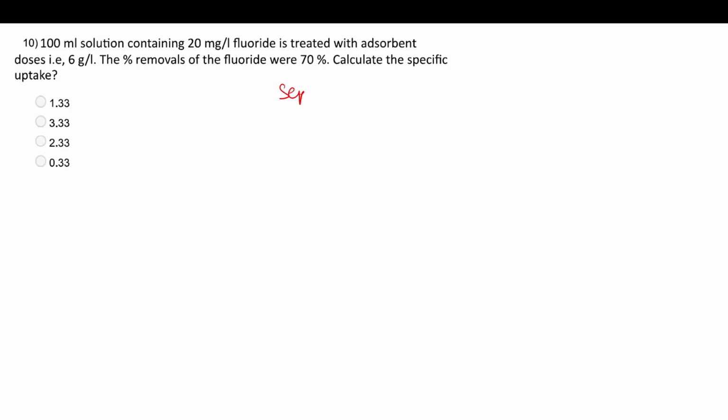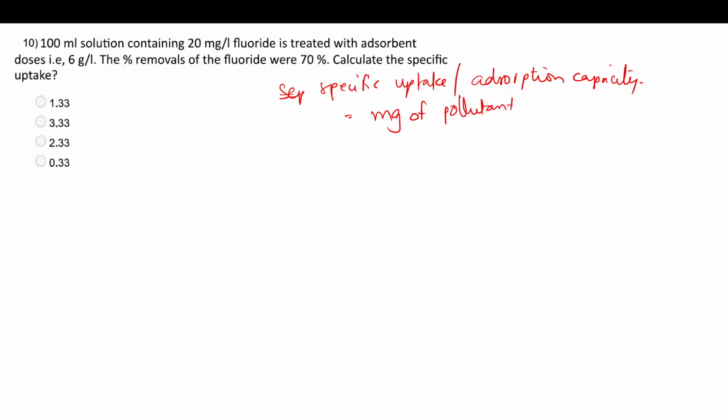So for specific uptake, you need to calculate the adsorption capacity, which I had given to you as milligrams of pollutant adsorbed per unit gram of adsorbent.